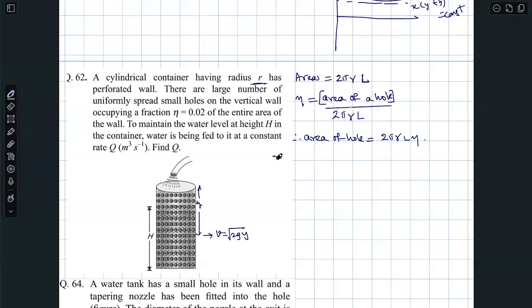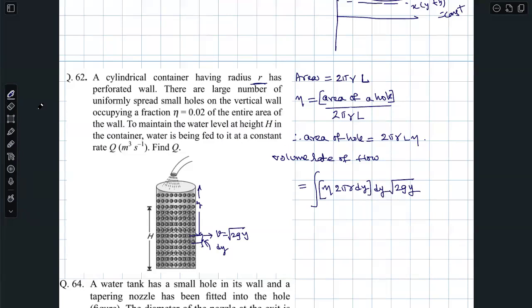So volume rate of flow: eta times 2 pi r dy, because that's a dy, into velocity of efflux. Any doubt? Eta times 2 pi r dy.